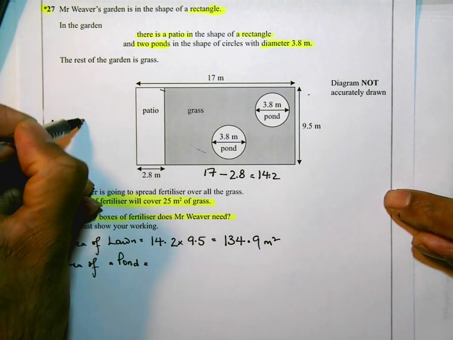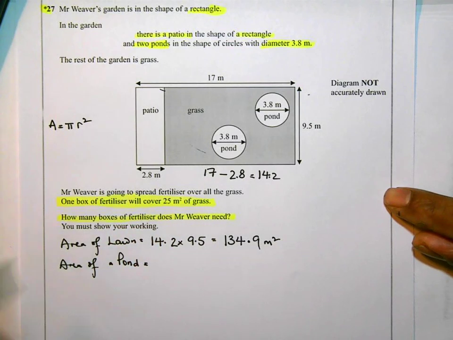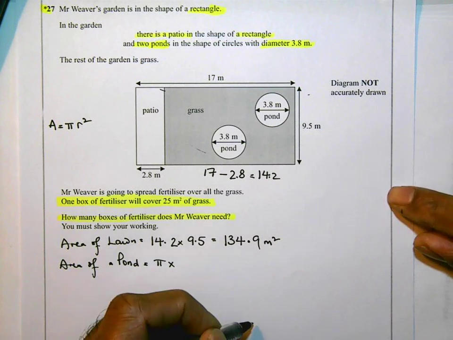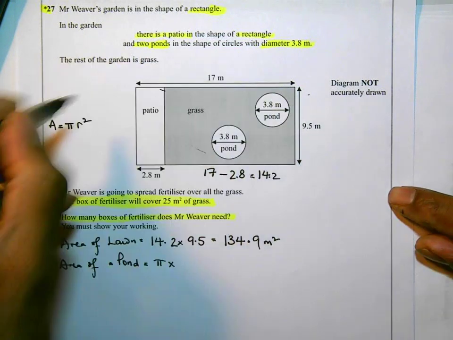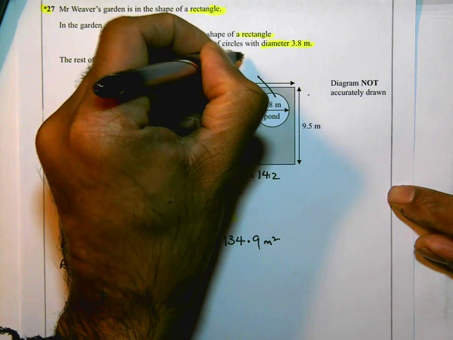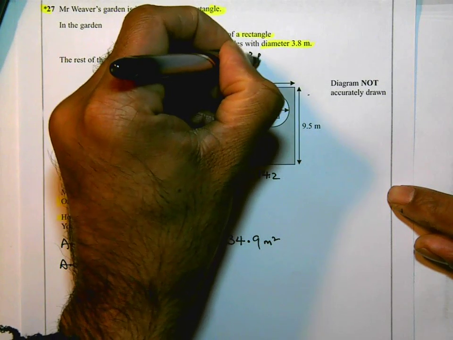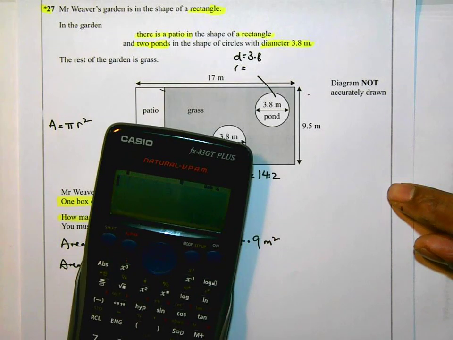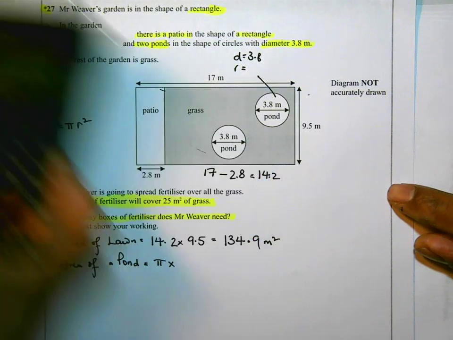The area of the pond is pi times the radius squared. For the pond, the diameter is 3.8. The radius is half of 3.8, 3.8 divided by 2, which is 1.9 meters.